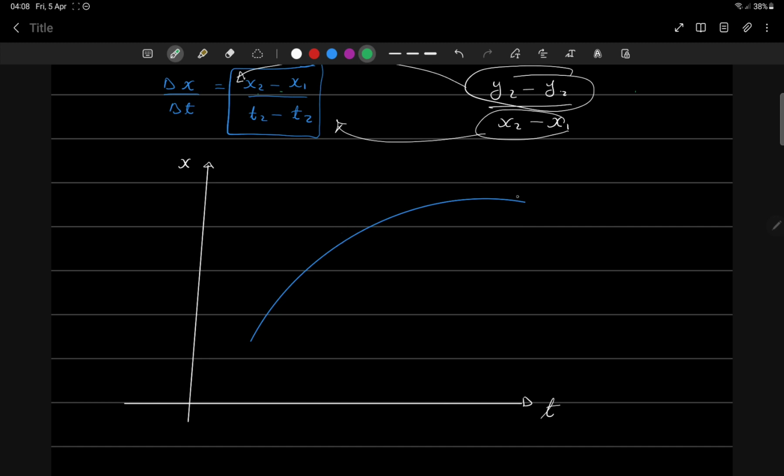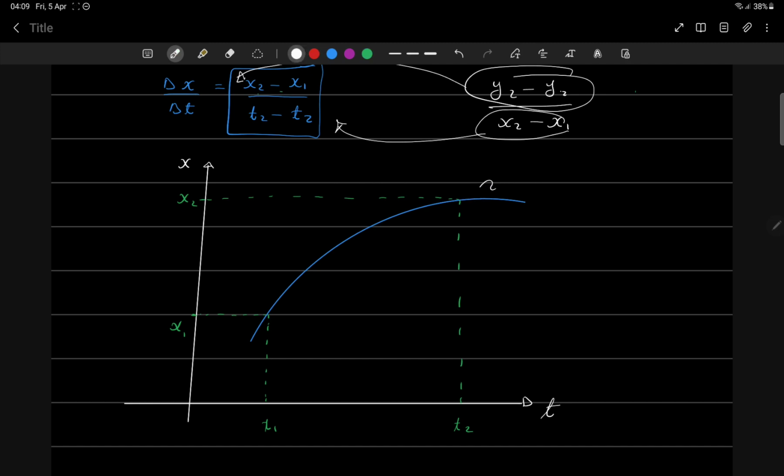If I want to find, for example, the average velocity between point 1 here, let's call this x1, and the second point here, this is x2, and of course I'm going to have times t1 and t2.